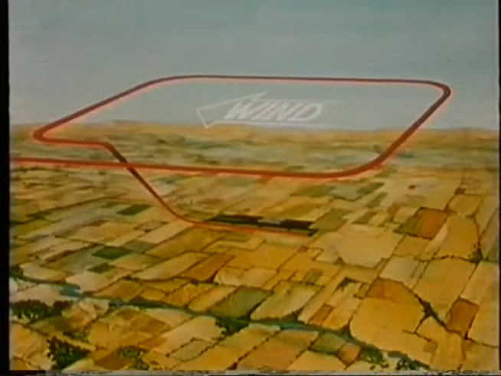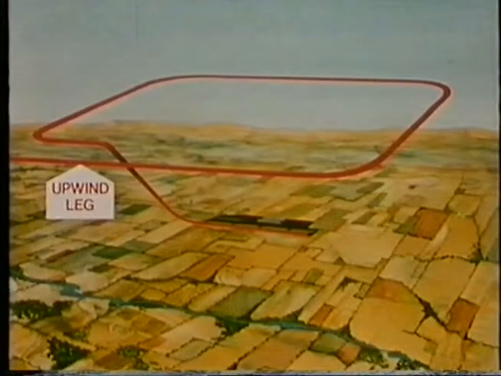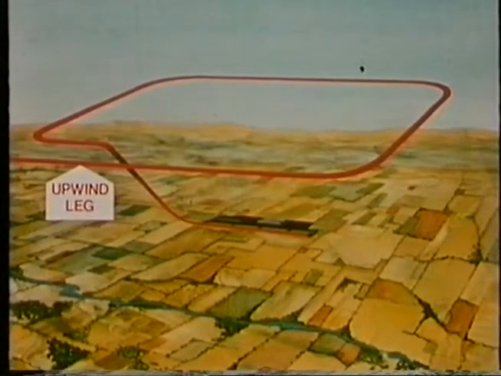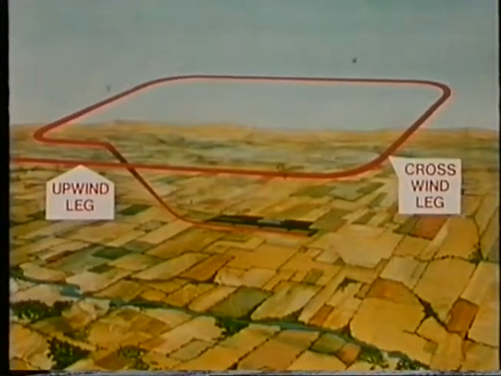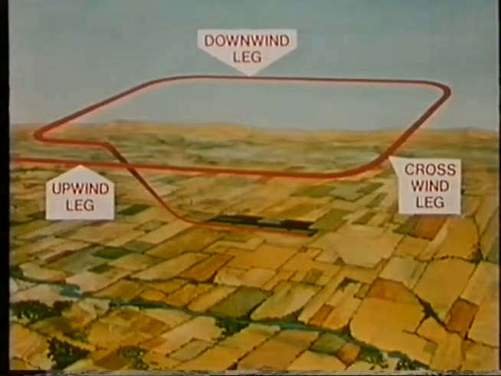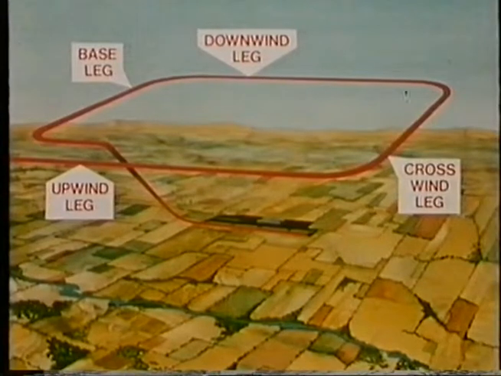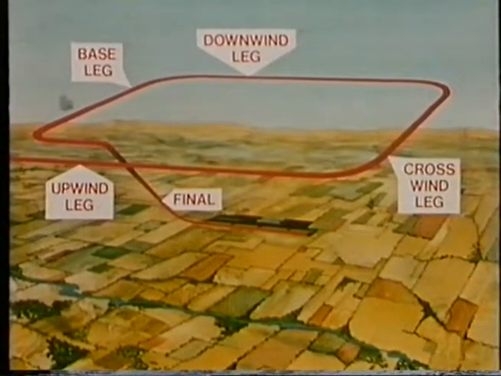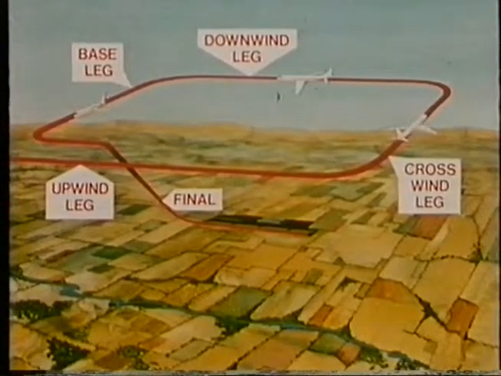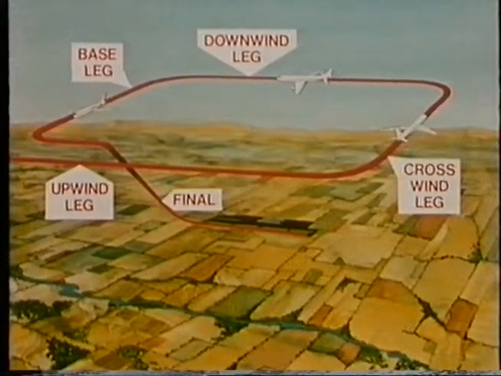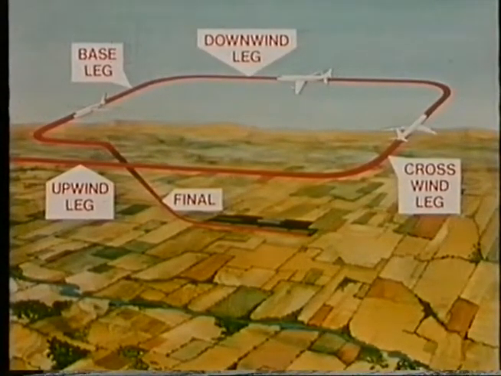The airdrome traffic circuit is usually a rectangular flight path around an airdrome consisting of an upwind leg, a crosswind leg, a downwind leg, a base leg, and final. All turns from one leg to another are made to the left unless otherwise prescribed or instructed.